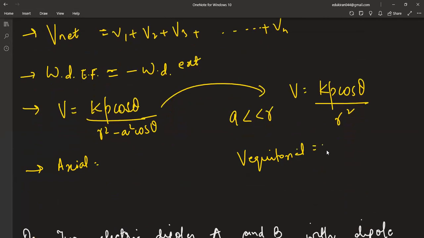Equatorial, it is 0. And for axial? Minus Kp. Why minus? Cos 180. Why would you take cos 180? This is your point, this is just 0 degree. This is exactly on the line.